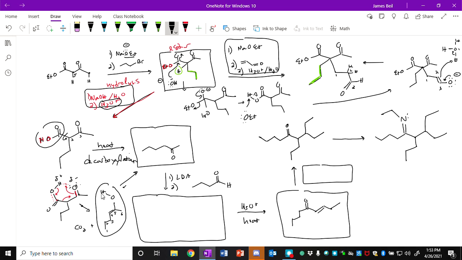Then a water will pick off this proton, electrons will swing in and form the double bond. So in essence, we just removed this carboxylic acid group. It's the same structure here. You can number the carbons, 1, 2, 3, 4, 5, 6. We just basically removed that carboxylate group.